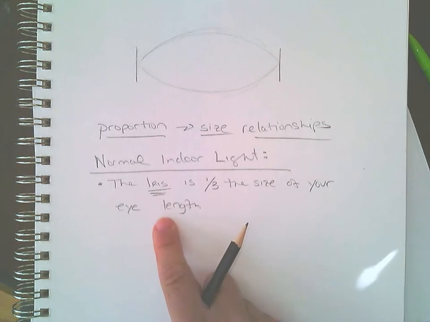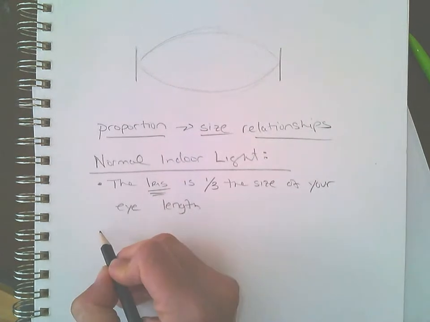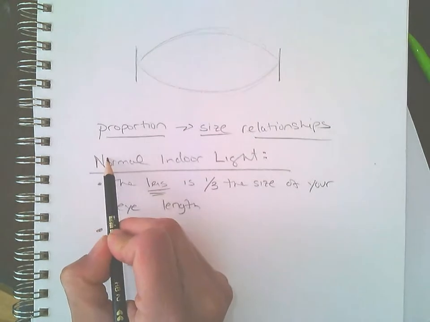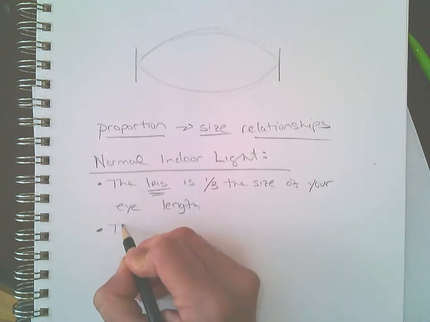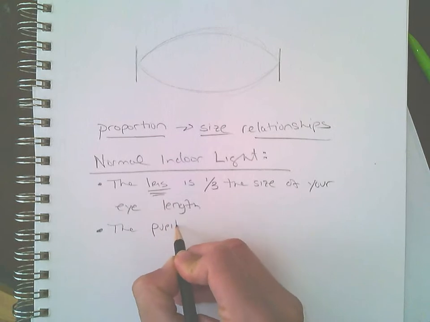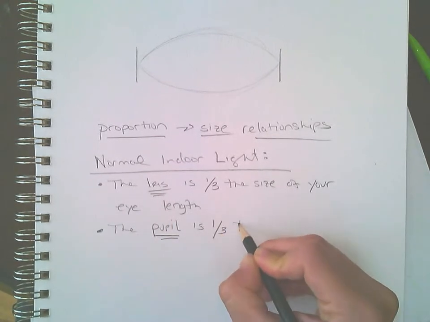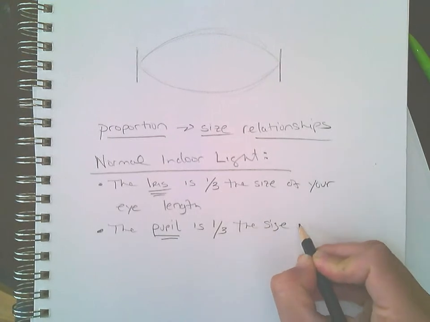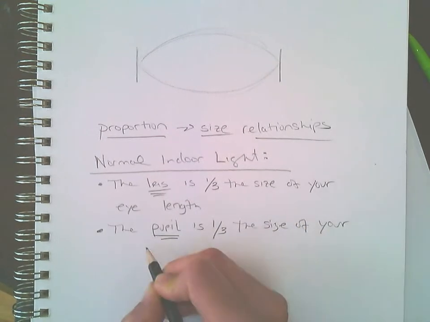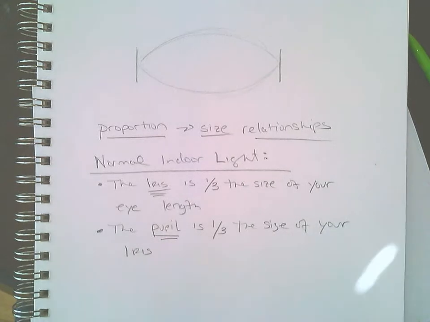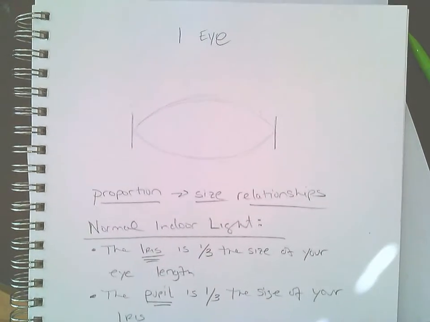So we'll draw that out in a second. And then the second thing you need to know: in normal indoor light, the pupil is 1/3 the size of your iris. That's easy to understand, and we're going to split these things up so it makes sense.